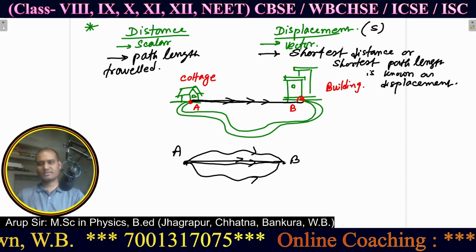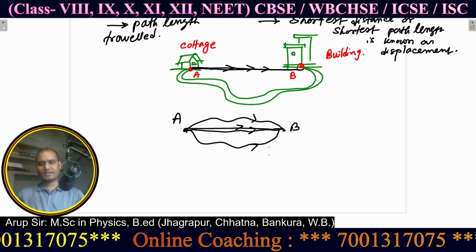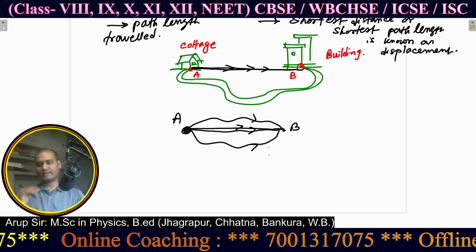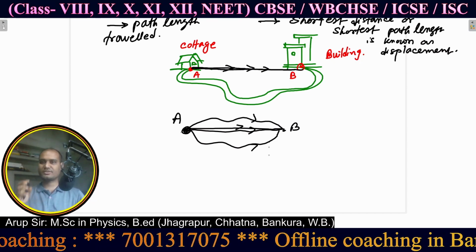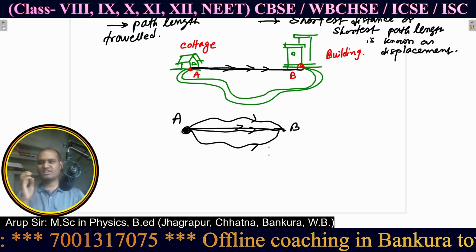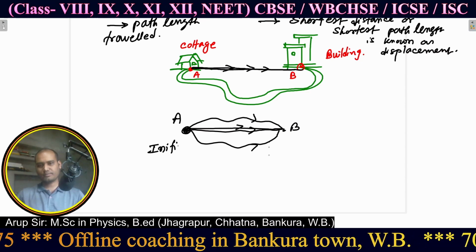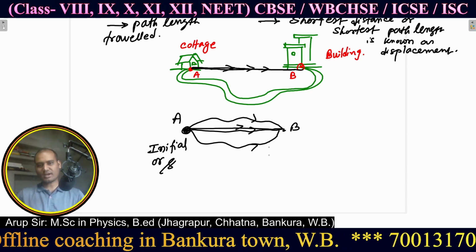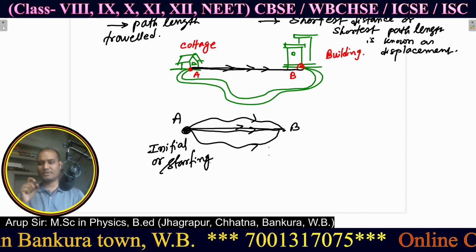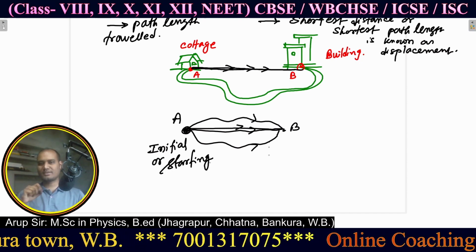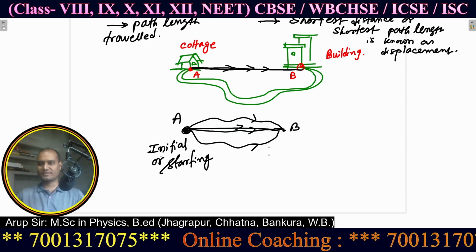But for displacement we need to know two other terms, like the point from which we are starting our journey. That point is known as the starting point or initial point. So this point A is known as the initial point or starting point. Starting point is simple because you know the term start, but initial point is the mostly used term in physics, in this kind of problems.